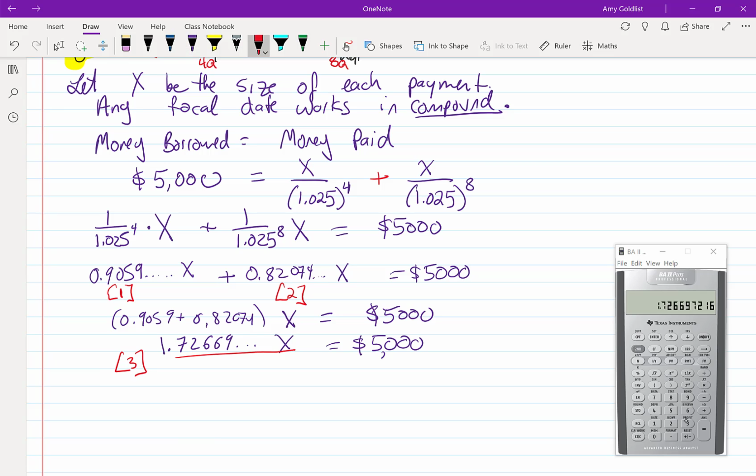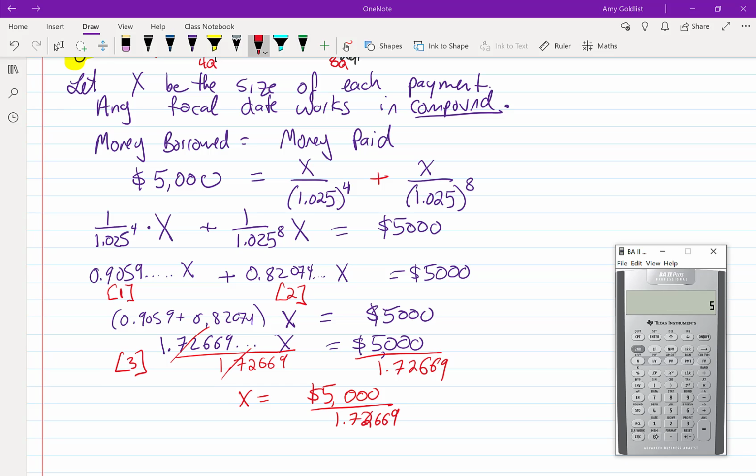And now we're back to a similar place where we were. I can divide both sides by that. So now I have x equals this guy. So I have 1.72669.